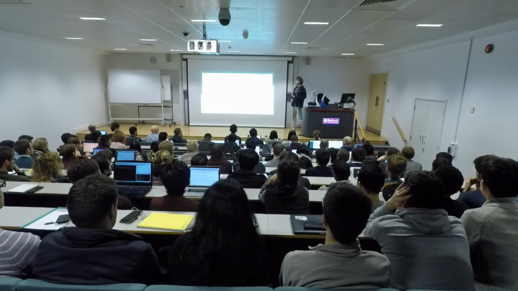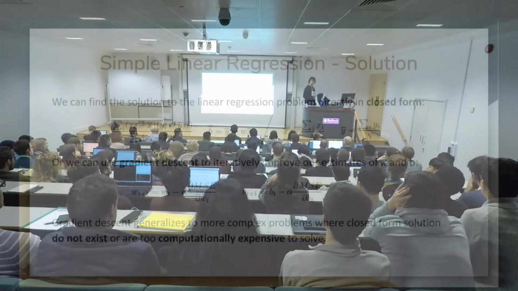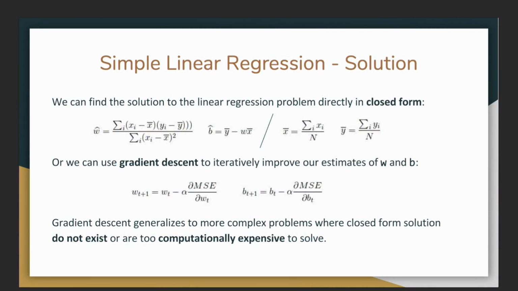This leads you to a simple update rule for both W and B that you can apply iteratively until convergence, until you converge on some values which are an optimal fit for the data. This gradient descent solution and its variants generalize to problems where the closed form solution doesn't exist, or it's too computationally expensive to solve, which is also quite a common use case.